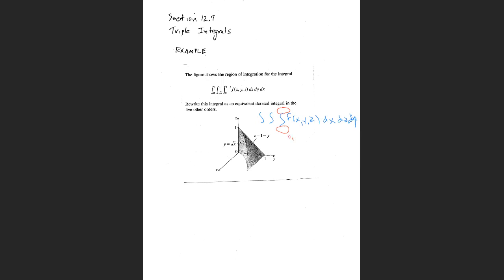You have a function of y and z on the bottom, and another function of y and z on the top. But now your surface goes this way.